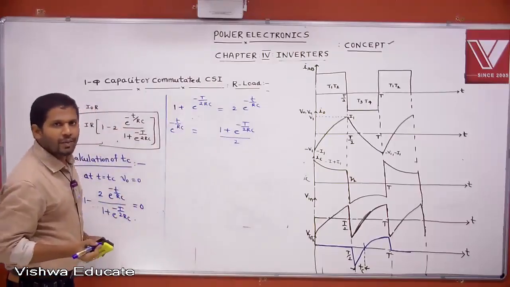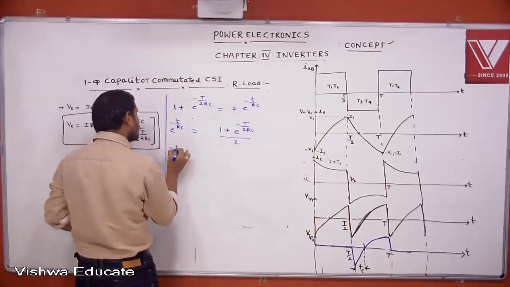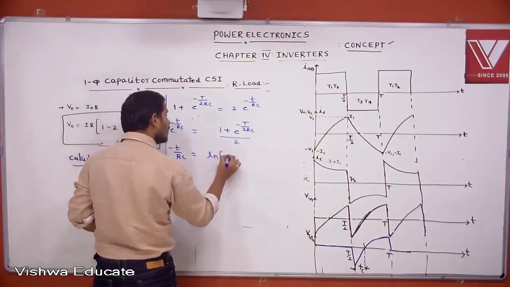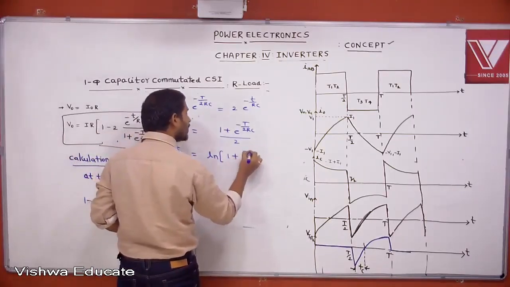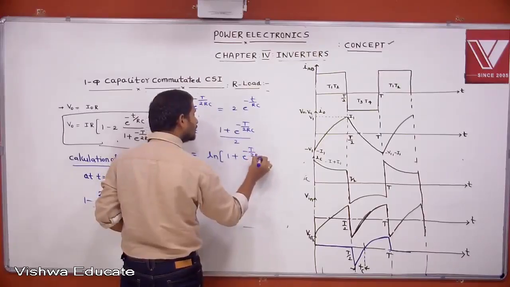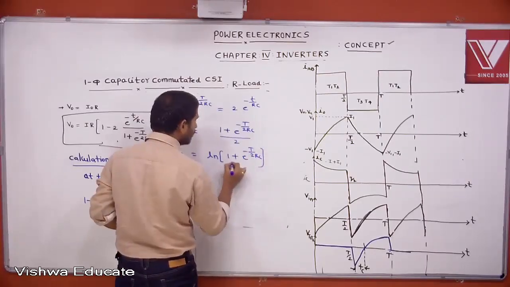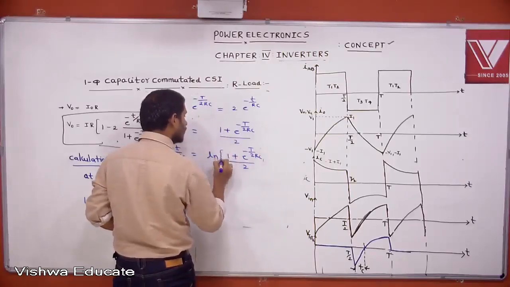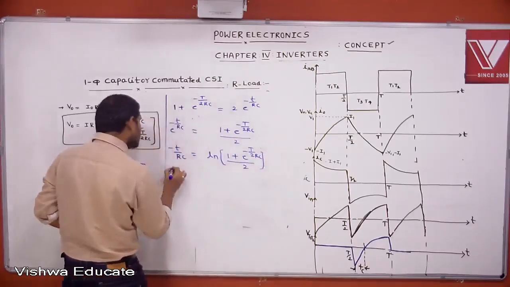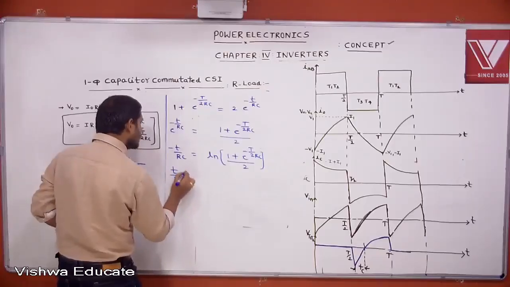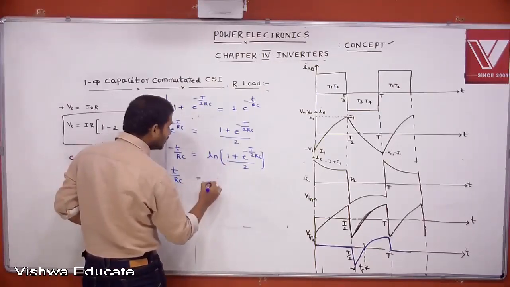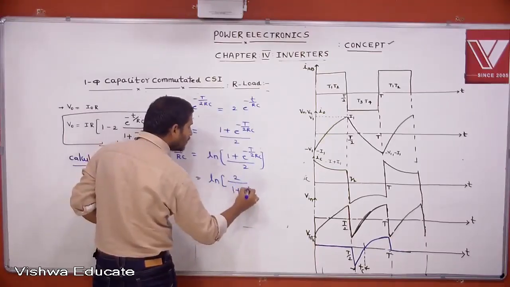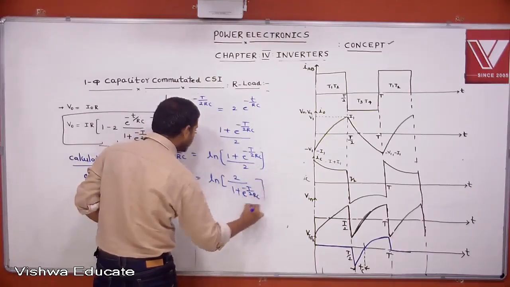Take natural logarithm on both sides. Then what can we get? Minus t by RC equal to ln of (1 plus e power minus t by 2 RC) by 2. This negative sign we can send to the other side, so t by RC equals ln of 2 by (1 plus e power minus t by 2 RC).